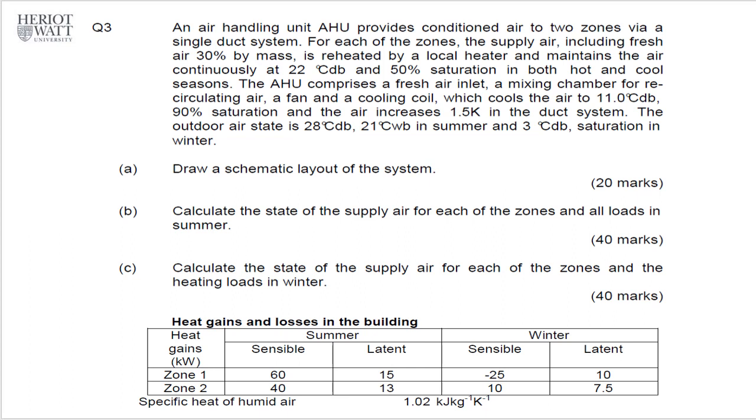The air handling unit consists of a fresh air intake and a mixing chamber where the return air and fresh air are mixed. There's a cooling coil, a fan, a preheater and local reheaters. In summer, the outdoor condition is 28 degrees dry bulb, 21 degrees wet bulb, and in winter it is 3 degrees dry bulb and saturated.